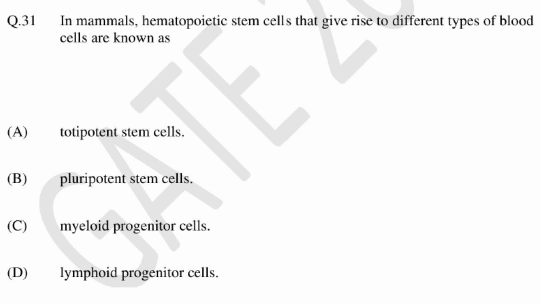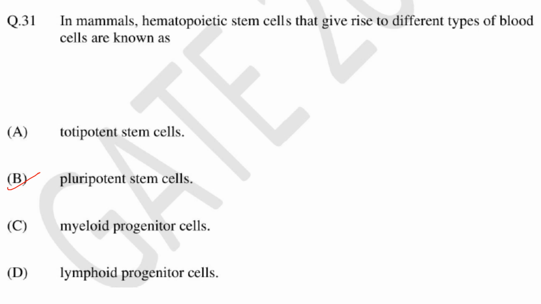Now totipotent stem cells. Totipotent means they have the ability to differentiate into all types of cells. But hematopoietic stem cells don't differentiate into all types of cells. They differentiate into multiple cell types, myeloid cells and lymphoid cells. From myeloid cells you will get red blood cells, platelets, monocytes, and from lymphoid cells you will get T cells, B cells, etc. They are pluripotent stem cells.